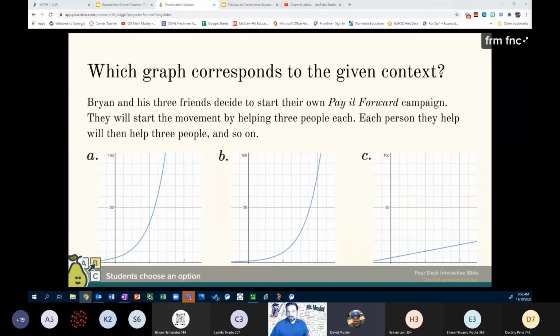If you have not responded, choose one. You've got a roughly 33% chance of getting the correct answer just by guessing.